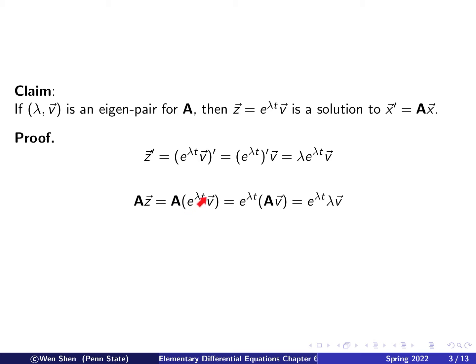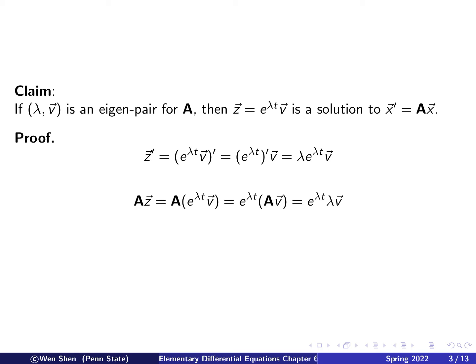The scalar multiple can be moved around, so we can move this all the way to the front, and we can do A times v first. Now we use the important property, that lambda and v is an eigenpair. Lambda is an eigenvalue and v is the corresponding eigenvector. Therefore, A times v equals lambda v. So we'll have e to the lambda t, lambda v, where these two are just scalar numbers.